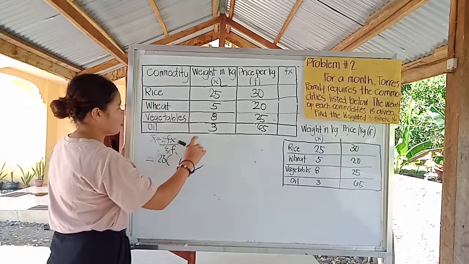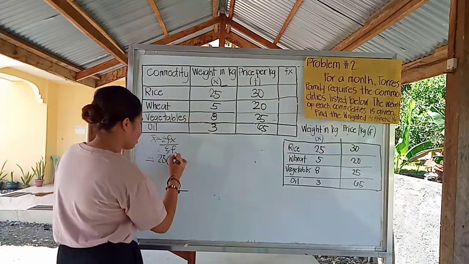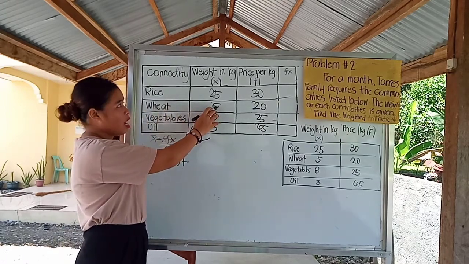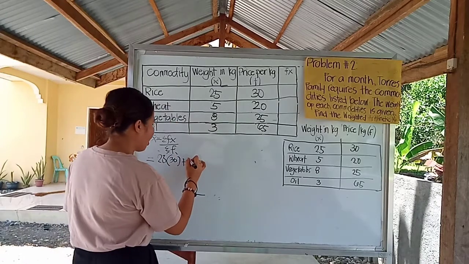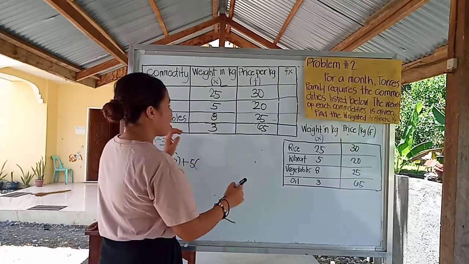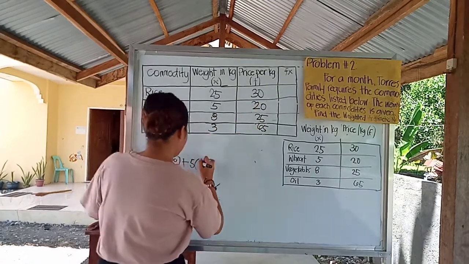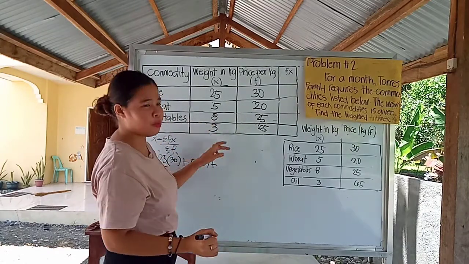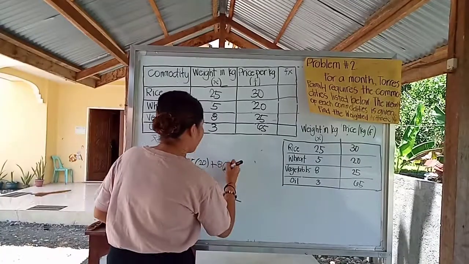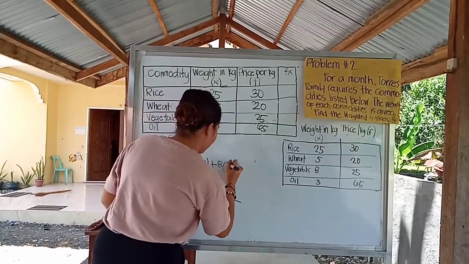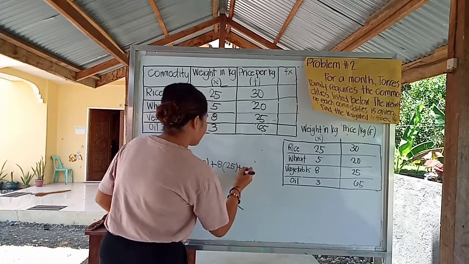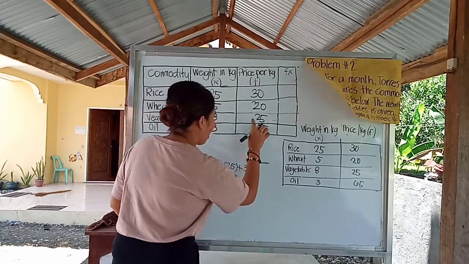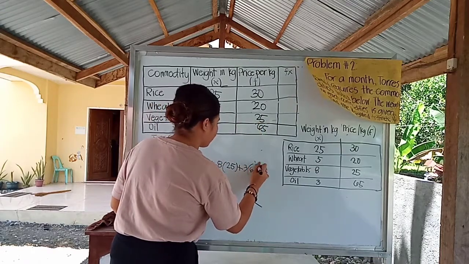So 25 times the price of rice, which is 30, plus the weight of wheat, which is 5, times the price of wheat, which is 20, plus the weight of vegetables, which is 8, times the price of vegetables, which is 25, plus the weight of oil, which is 3, times the price of oil, which is 65.